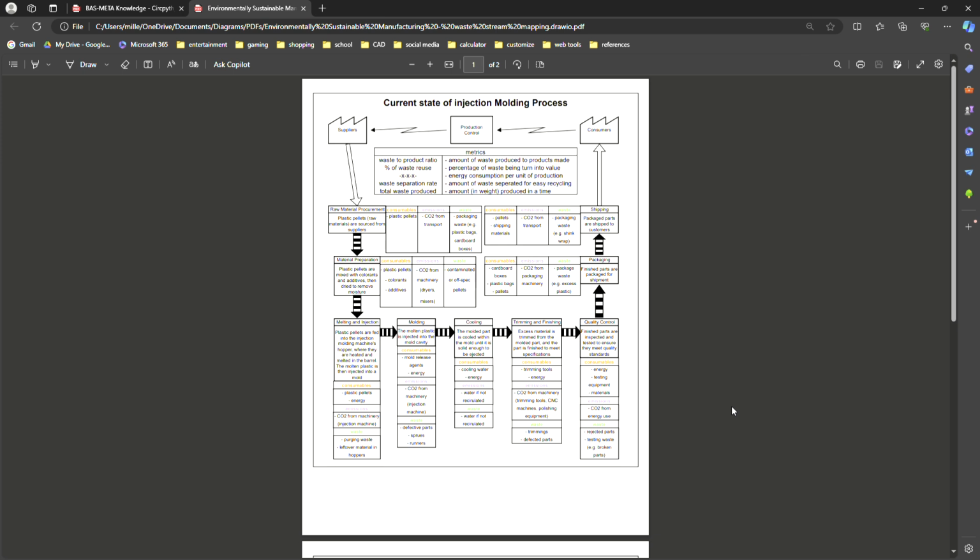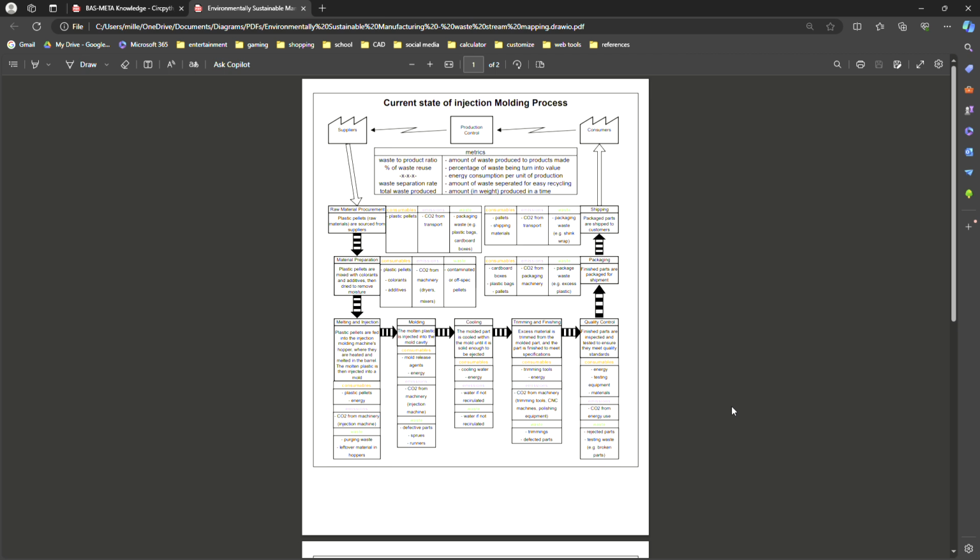Next would be cooling, which is cooling the part until it's solid enough to be ejected. This consumes cooling water and energy, and water, if not recirculated, is considered both an emission and a waste. Next is trimming and finishing, which is trimming the parts to meet specifications. And this consumes trimming tools and energy and produces emissions from the machineries used, such as trimming tools, CNC machines, polishing machines, and produces waste such as trimmings and defective parts.